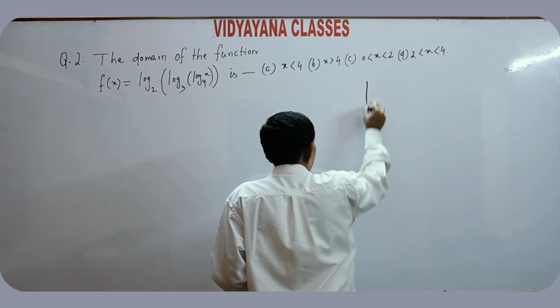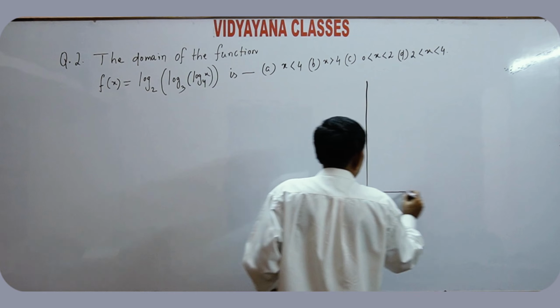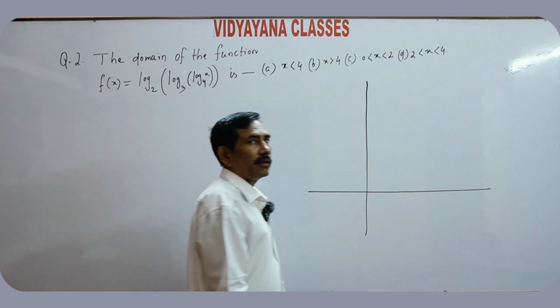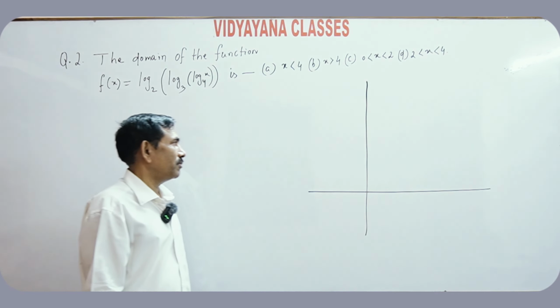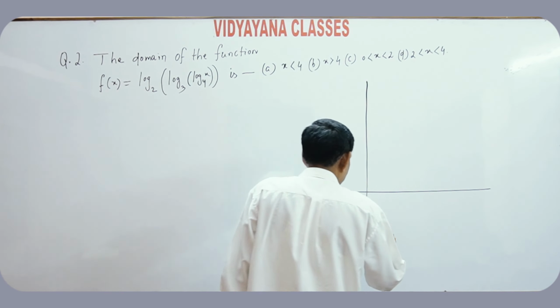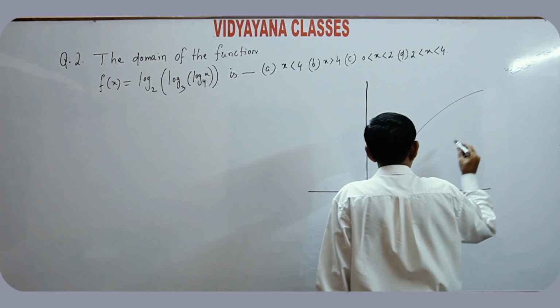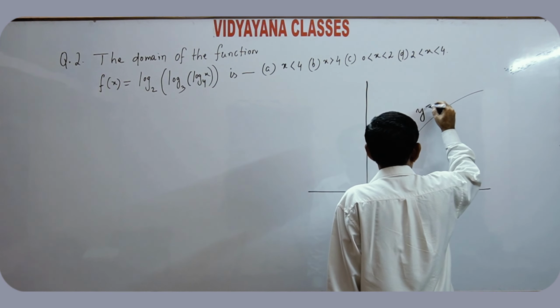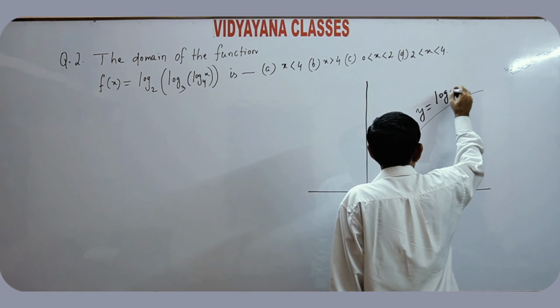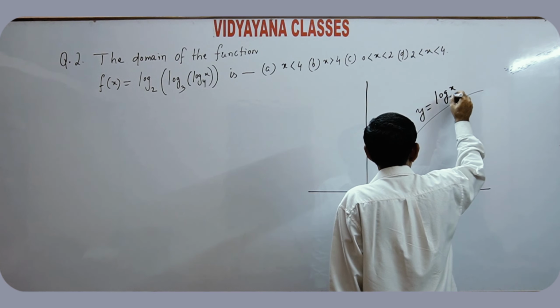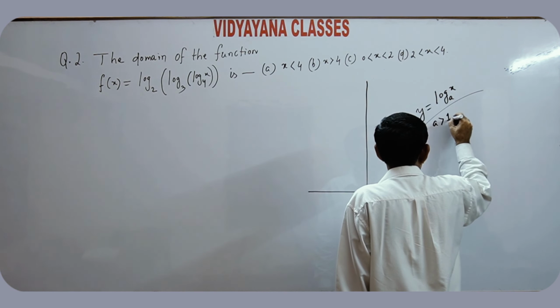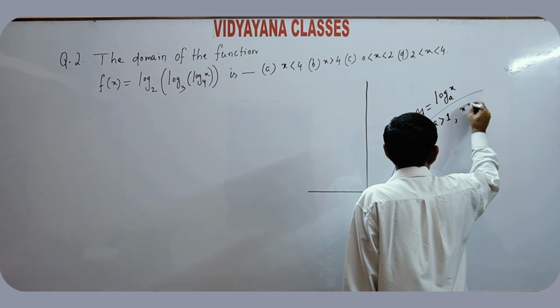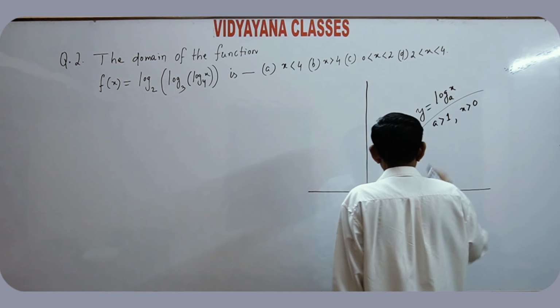What is the graph of the logarithm function when the base is greater than 1? Y is equal to log x with the base a. Here a is greater than 1 and x is greater than 0.